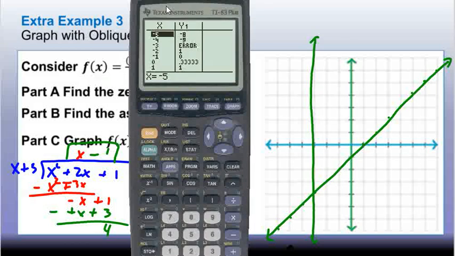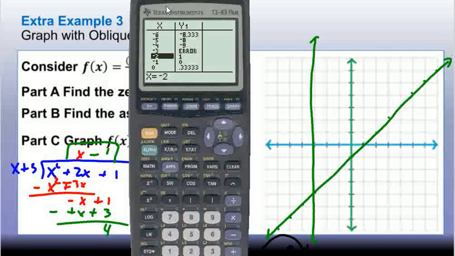Then we have -4, -9, down here. So this one is going to look something like this down here. And on the other side of -3, we have -2, 1.